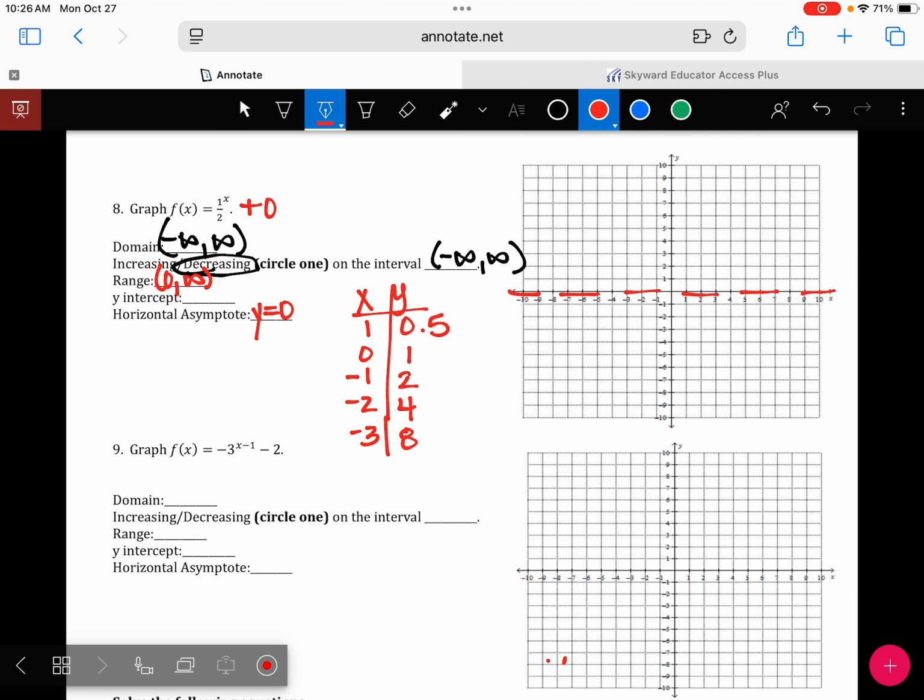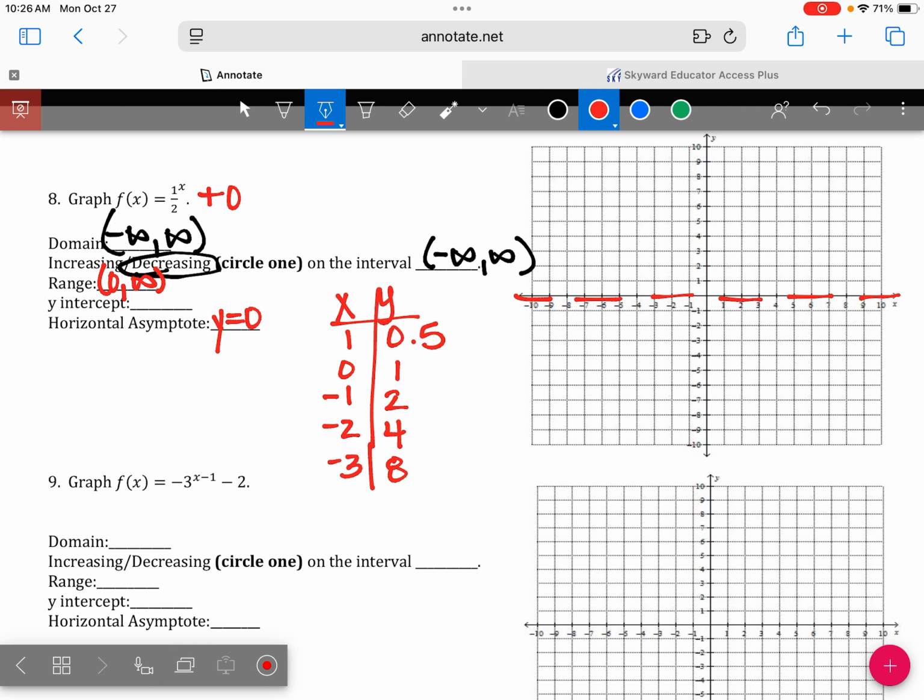So when I graph my function here, and before I move forward, we can also see my y-intercept is right here. So I'm going to actually transfer that over here. All right, so now that I have all that information filled in, I'm going to go ahead and create my graph. So I have a point at 0, 1. At -1, I'm up 2.